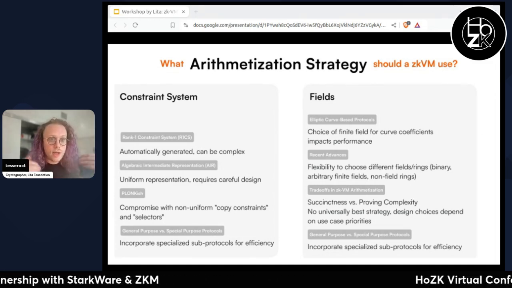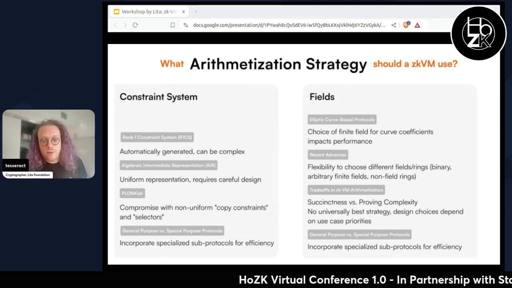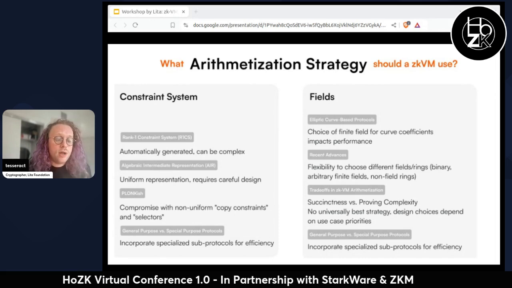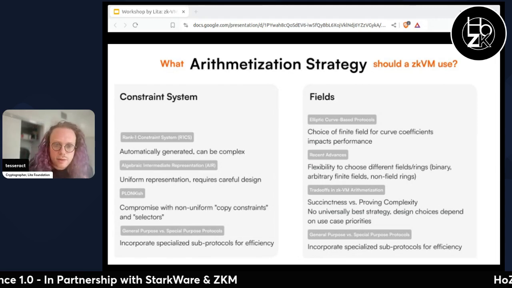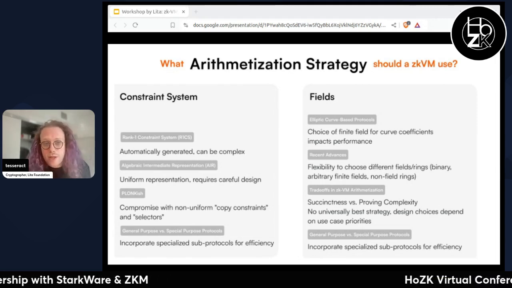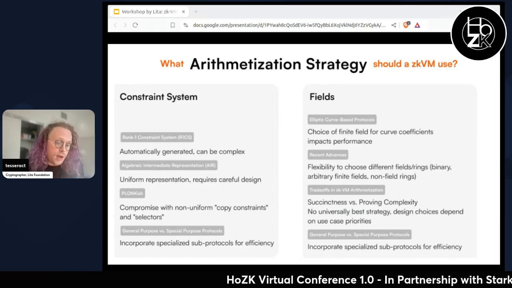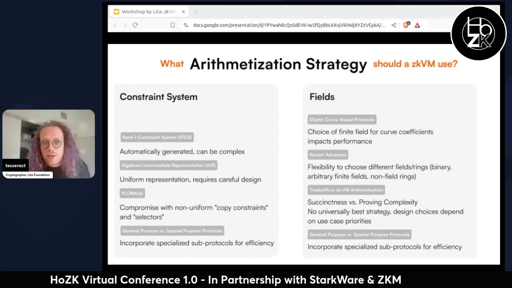This works great for repetitive computation like a VM. This doesn't work as well for maybe something really specialized that doesn't have this structure. So it was a big deal in 2018, 2019 when the Plonkish constraint system came out and showed us how to use something very similar to AIR that allows for less structured computations.